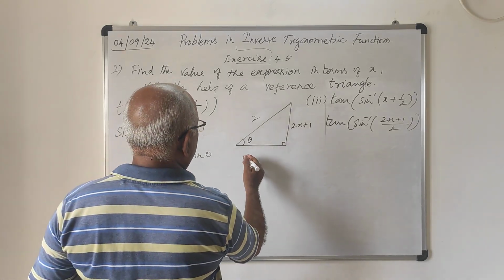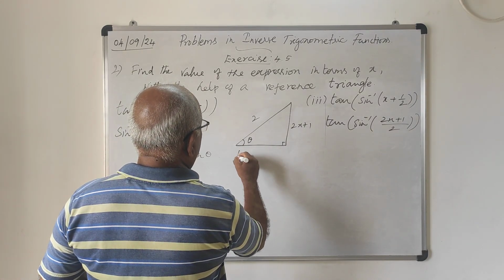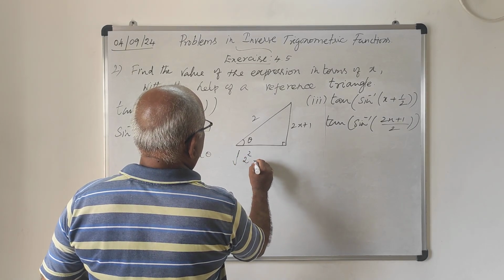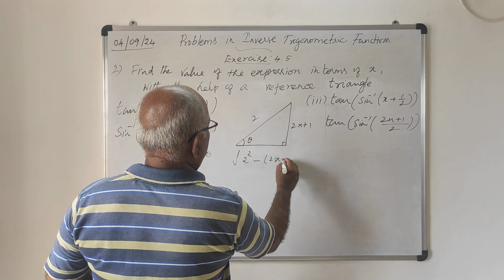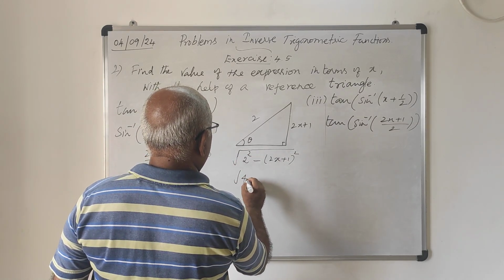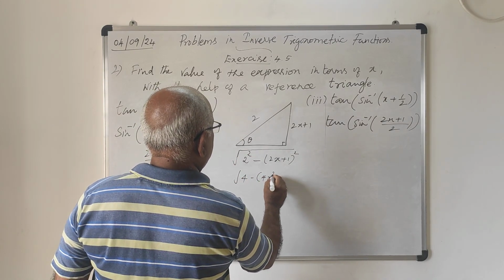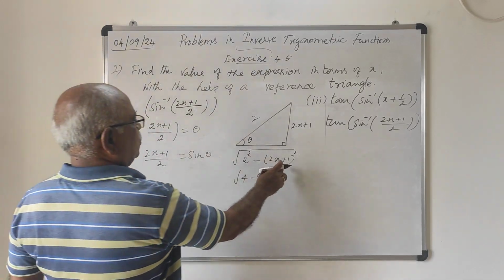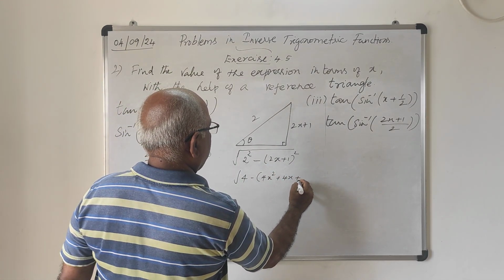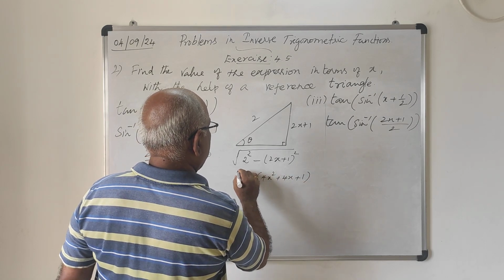For that you will get root of hypotenuse square, 2 square, minus 2x plus 1 whole square. This is equal to root of 4 minus 4x square, because 2x plus 1 square is 4x square plus 4x plus 1.